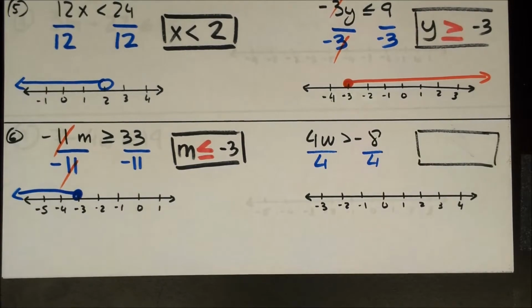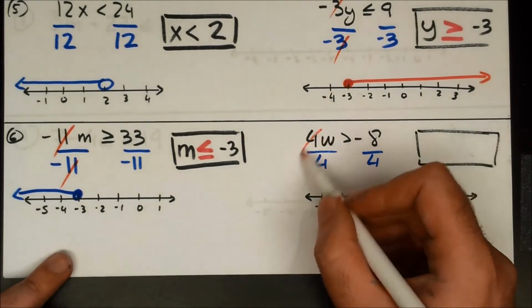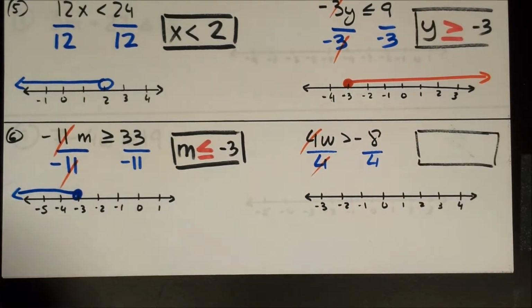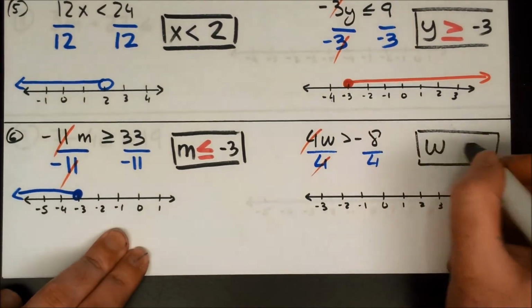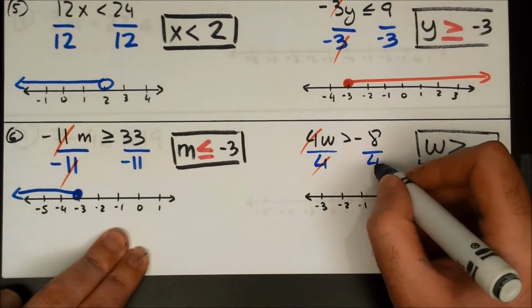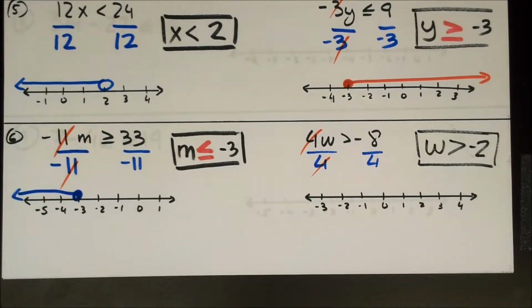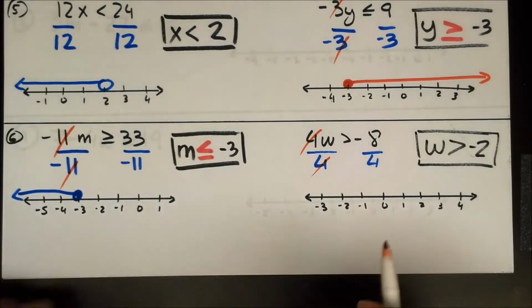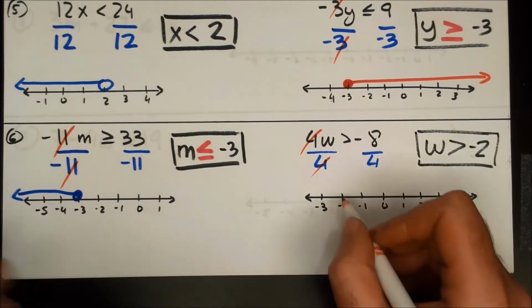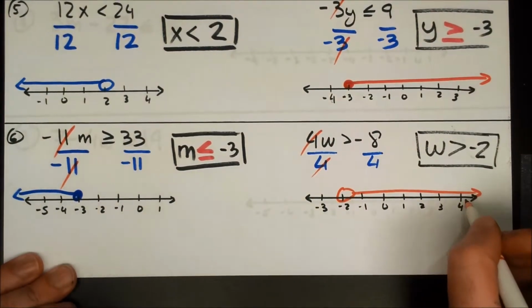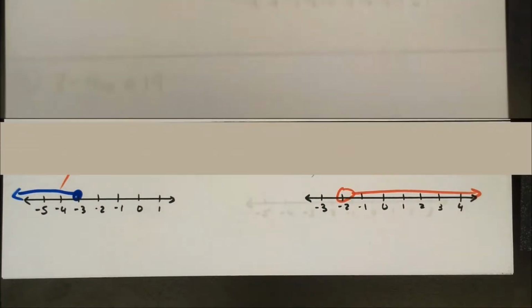So in that case, gone. W, the symbol stays the same. Negative 8 divided by 4 is a negative 2. Open circle, heading in the right direction. At negative 2. And that is 6. Let me know if you have any questions.